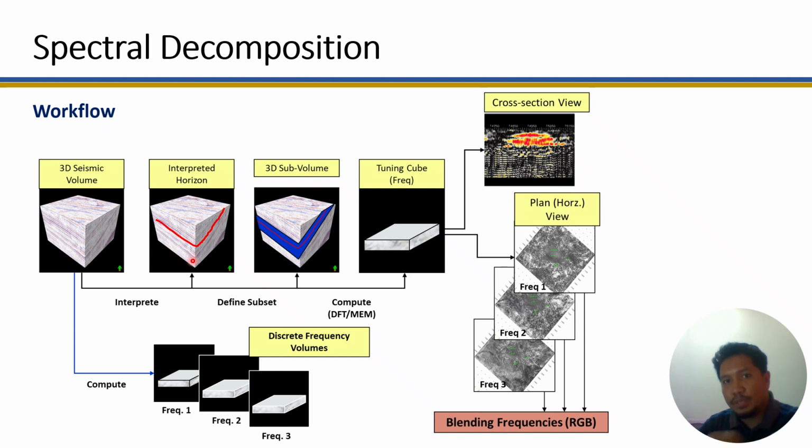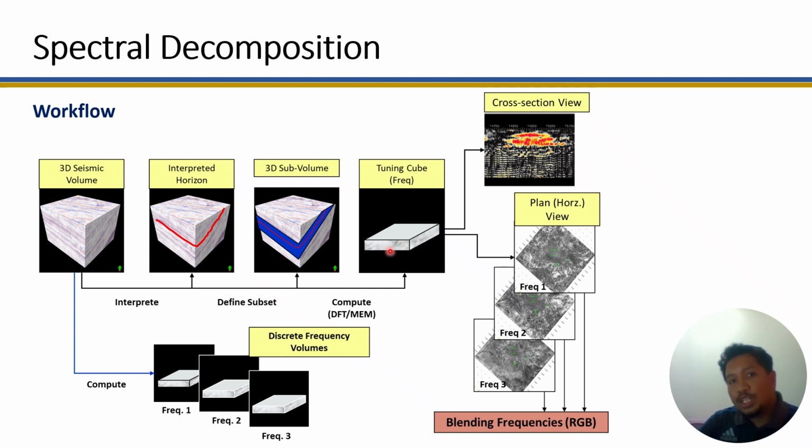This horizon will be used to create a 3D subvolume. When we have multiple horizons, such as a particular horizon, top of formations, the 3D subvolume is created by extracting the seismic data associated with the interpreted horizon.